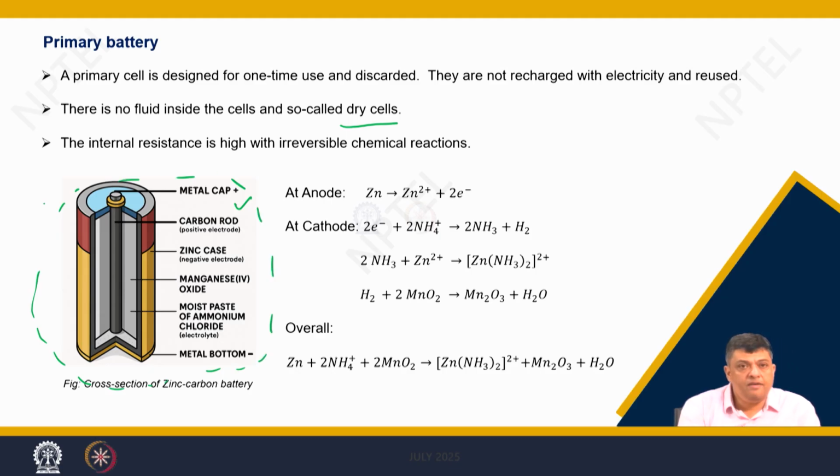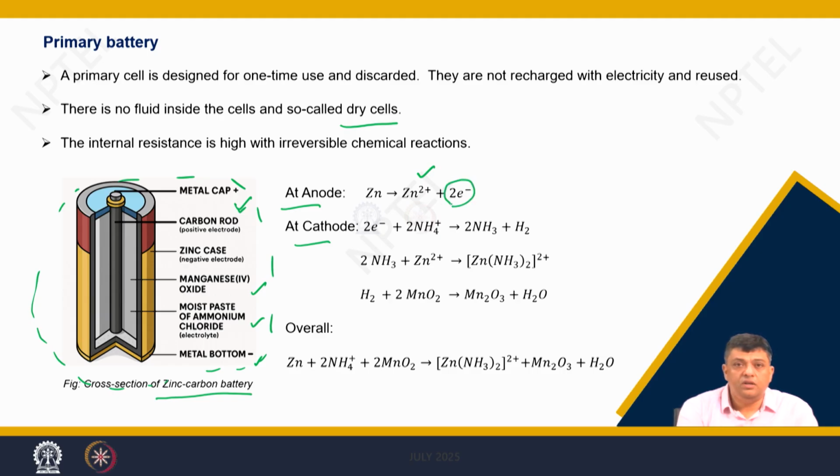You have various materials that drive the reactions. For example, at the anode for a zinc carbon battery, you have zinc which transforms to zinc 2 plus, giving away 2 electrons.